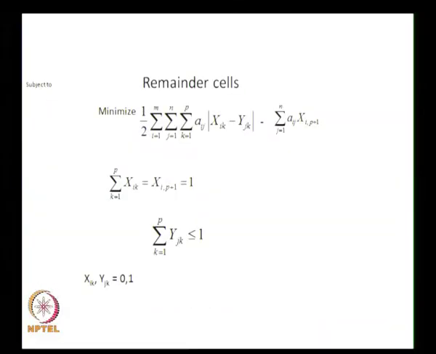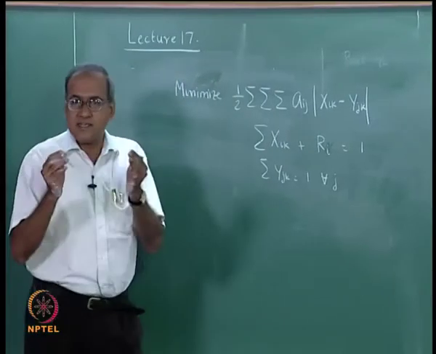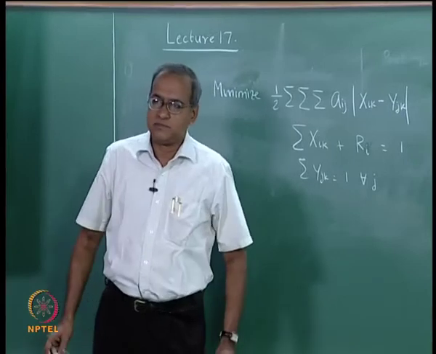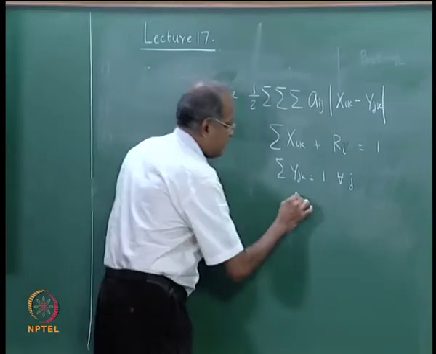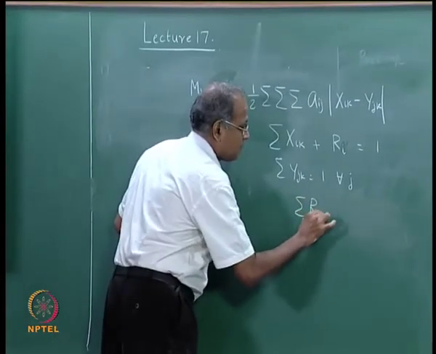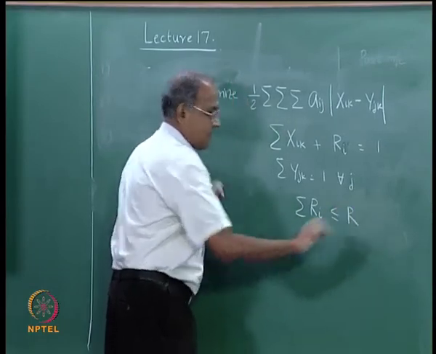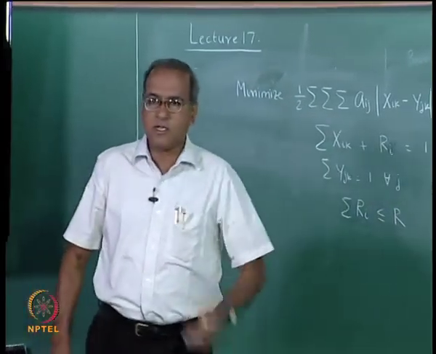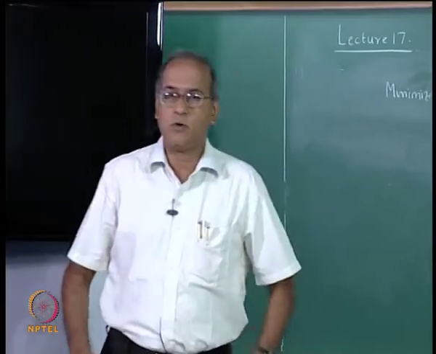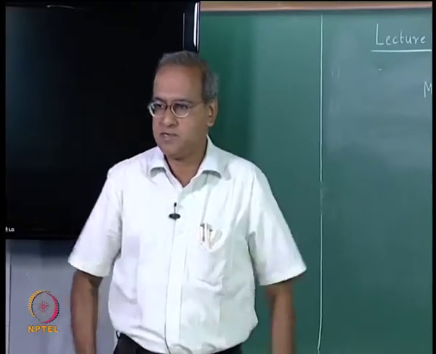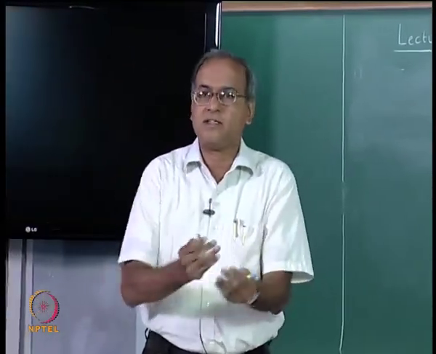That is taken care of by ensuring that there is a size restriction on the remainder: sigma r_i is less than or equal to some r. I do not want more than 2 machines in the remainder cell, I do not want more than 4 machines in the remainder cell. So, there is a size restriction on the remainder cell.